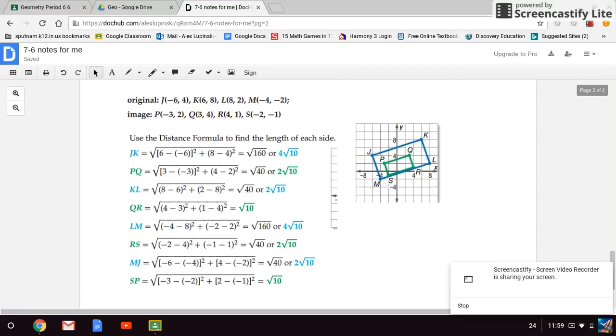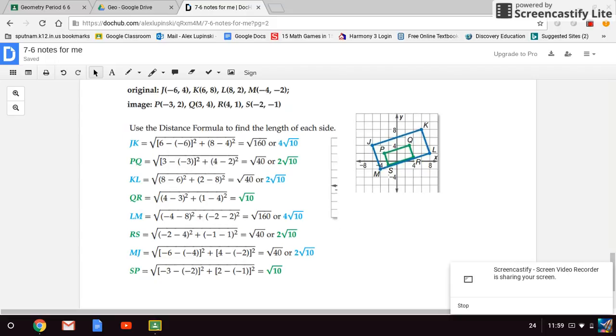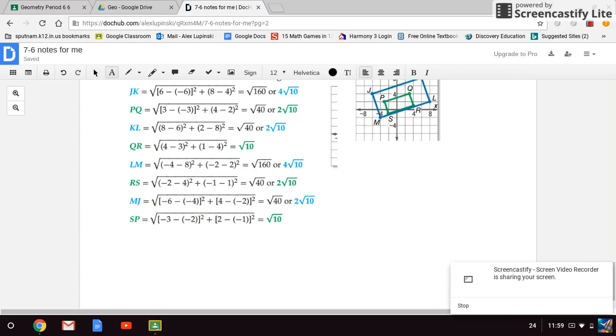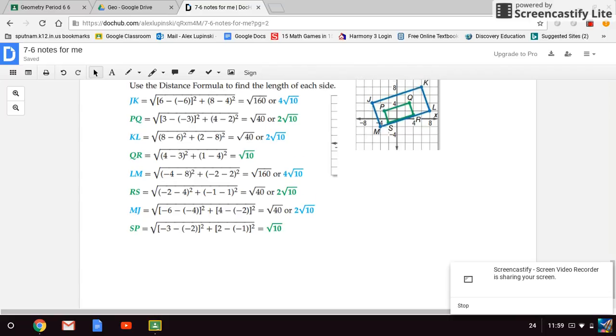This is one that you guys won't like, but if there are no vertical or horizontal lines, you do have to do the distance formula for every side. Once you have them, use the distance formula to find the length of each side. And then you have to set up a long proportion.